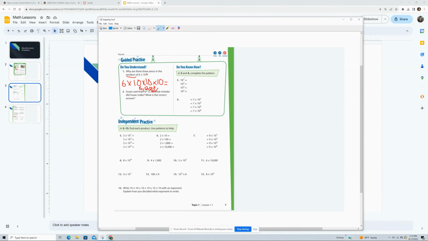Again, our exponent, our factor. So we have 10, our factor of 10 multiplied twice.